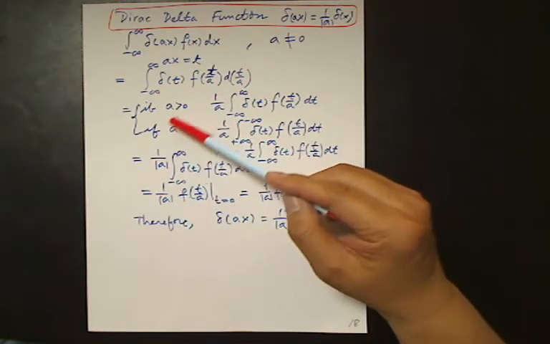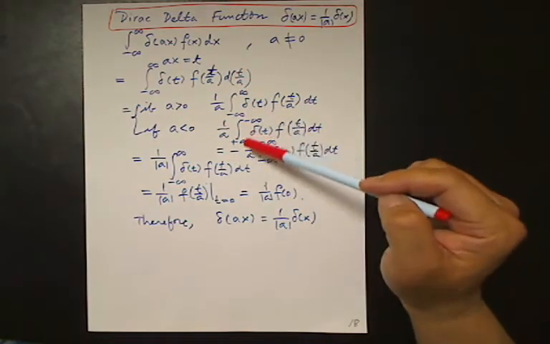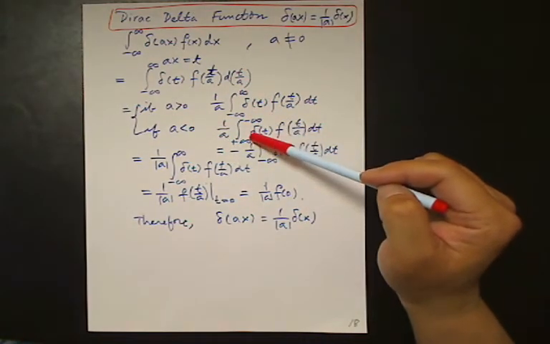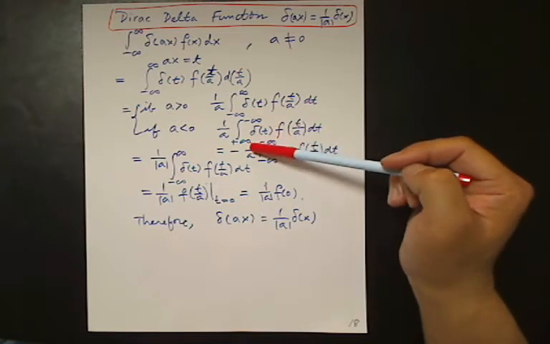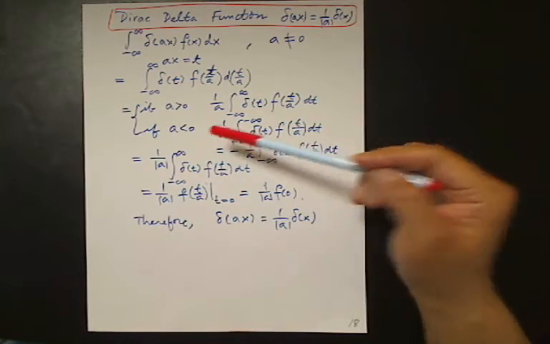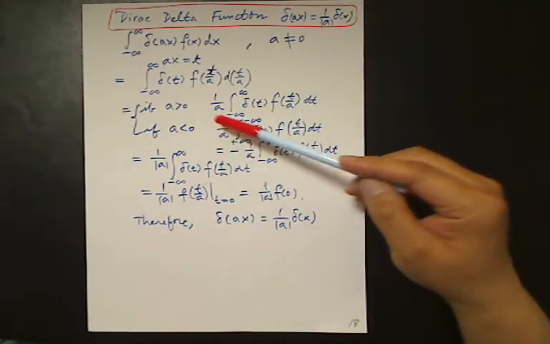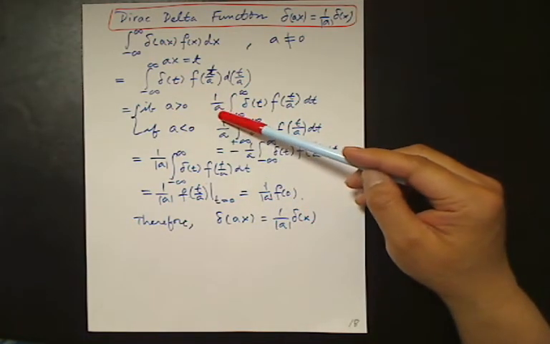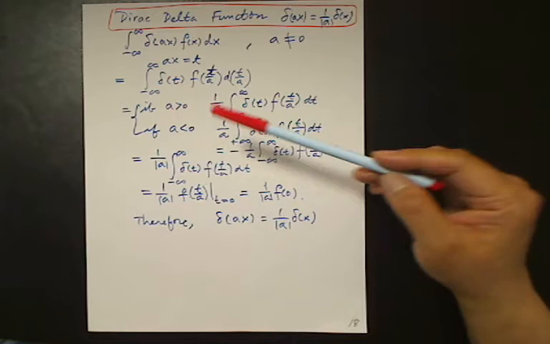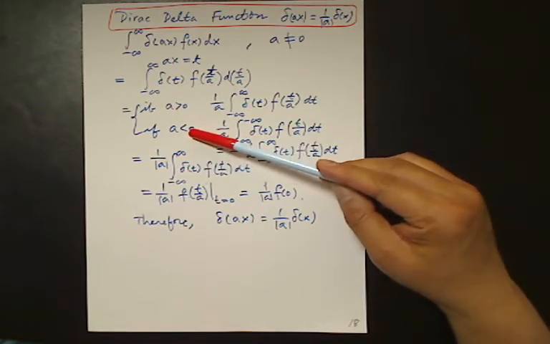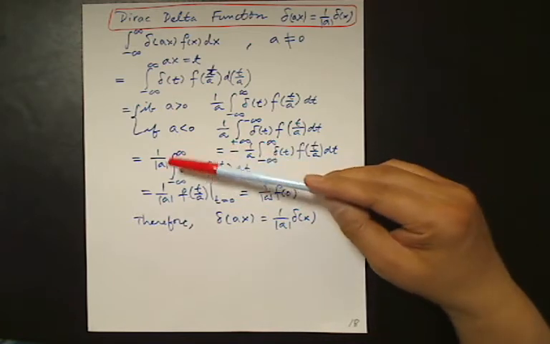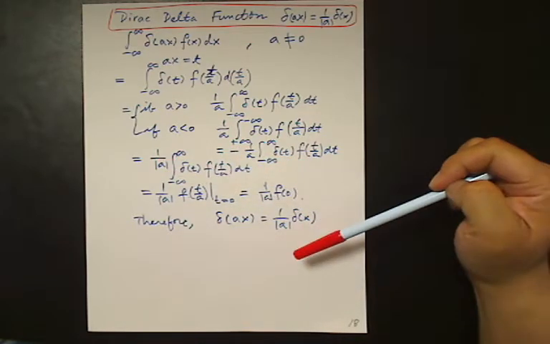However, if a is negative, the upper and lower limits are exchanged. Therefore, if we flip the upper and lower limits, then we have a negative sign on it. Therefore, the coefficient is 1 over a if a is positive, and minus 1 over a if it is negative. Therefore, it is just 1 over the absolute value of a.